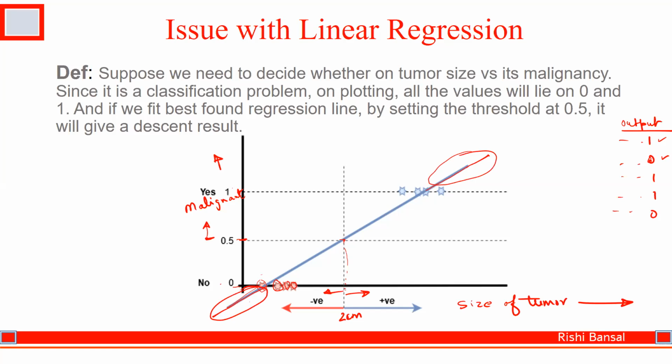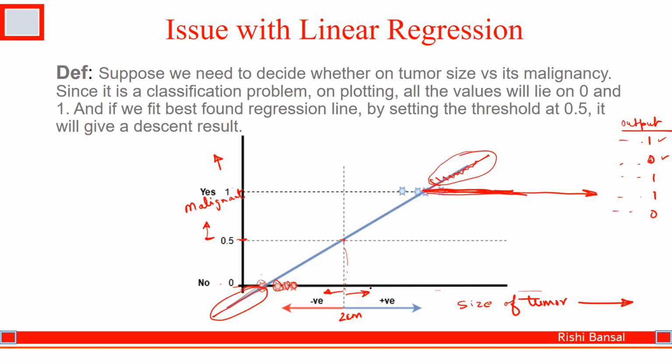Yes, you can say that it is a fitting problem. That is what we are discussing here, the issue with linear regression. This line becomes like this actually. Ideally it should be like this, meaning if size is increasing, then this is a 100% problem.